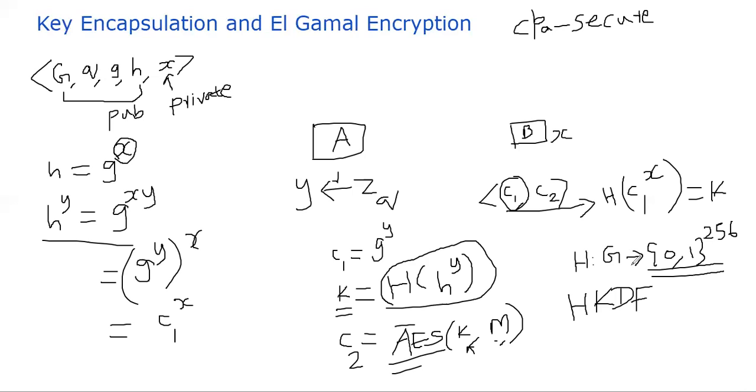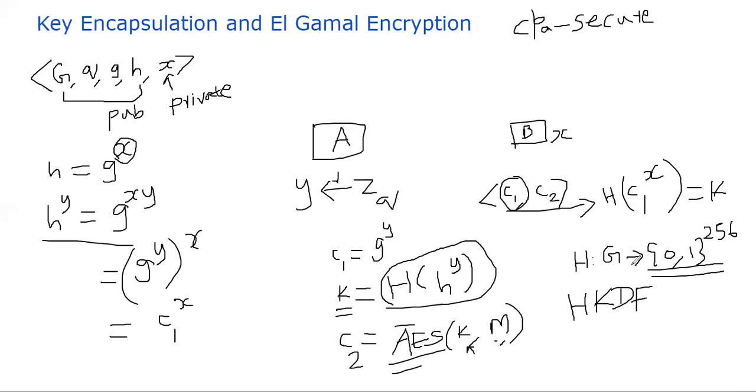HKDF is an interesting hash function in this context, and that's the reason I use HKDF. But my main message is that if there is a hash function H like this that maps a group element to a uniform binary string, which you can use as a function for obtaining your key K, then you can apply ElGamal encryption for CPA security in this context.